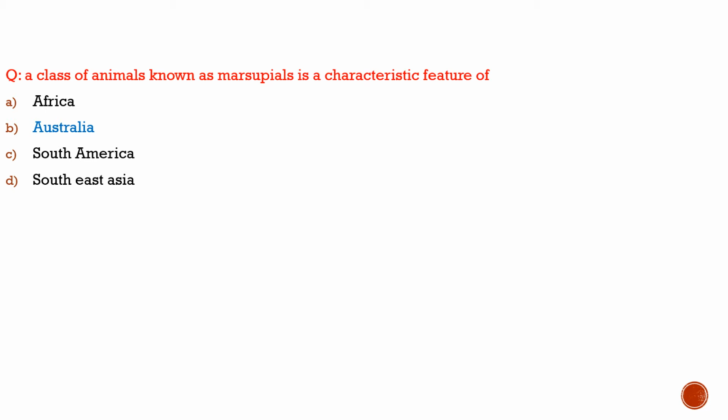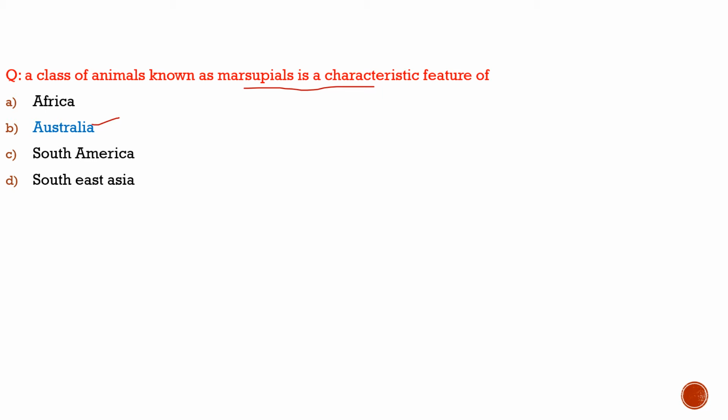Here the question says, a class of animals having marsupials is a characteristic feature of Australia. It is basically talking about those animals, a group of animals that commonly have pouches or pockets of skin where the mother nurses their young ones.